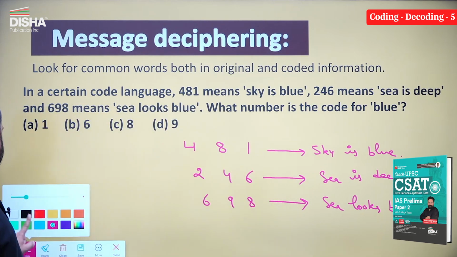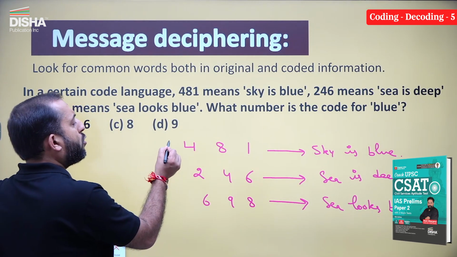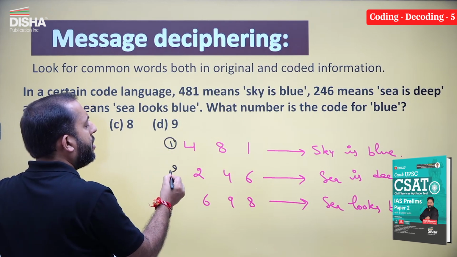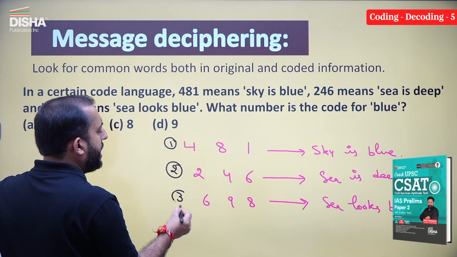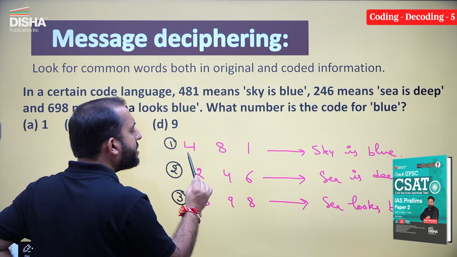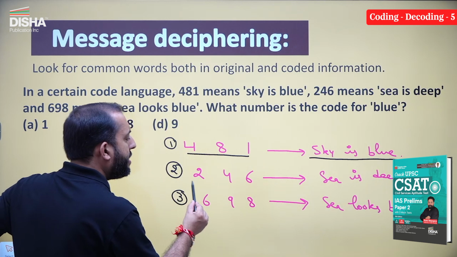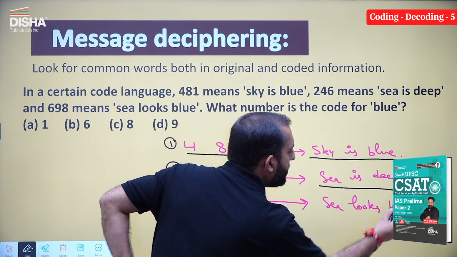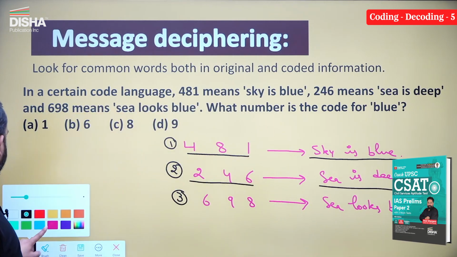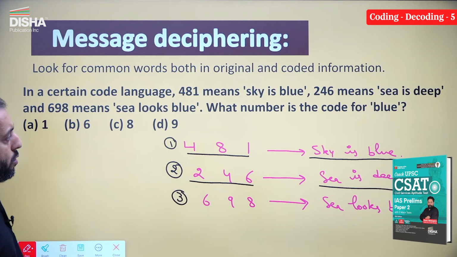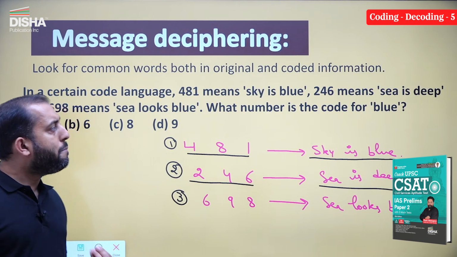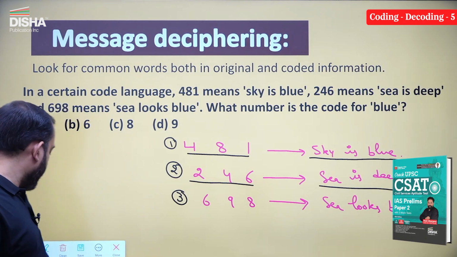Now, I can see in this particular question, we are having three different statements, and in every statement some digits are present and then some words are present. In the end, we want to find out what number is the code for blue.